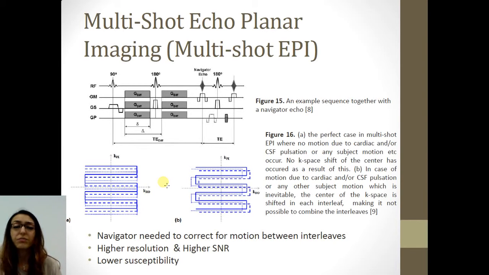So some motion in the body has to occur. So that's why the k-space is shifted between the interleaves. So that's why navigator echoes have to be used to correct for the motion. Multi-shot echo planar imaging also has lower susceptibility artifacts when compared to single shot echo planar imaging.